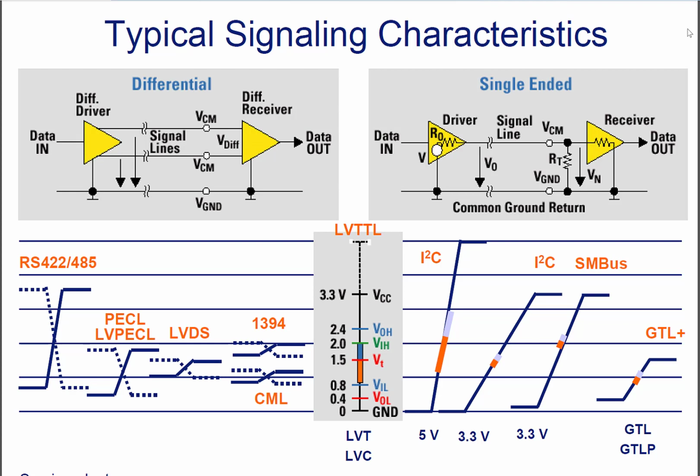In contrast, on the right, where we don't have a differential signal, the common mode signal, that VCM signal, just is passed through with the actual true data signal, and potentially causes corruption of data.